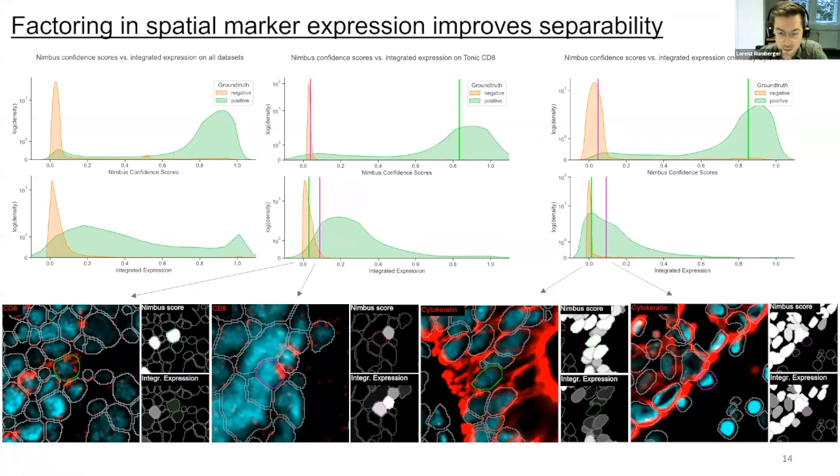And here we have another example of the opposite, a nearby cell that got identified by our annotators as negative. Again, there's marker expression bleeding into the cell. On the integrated expression, it looks like it's positive, whereas on the Nimbus score, it looks like it's negative. And indeed, our annotators agreed with this.